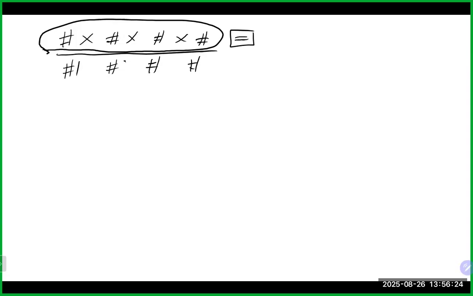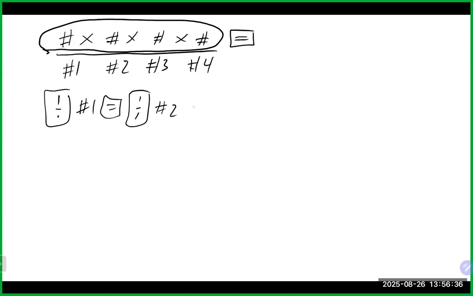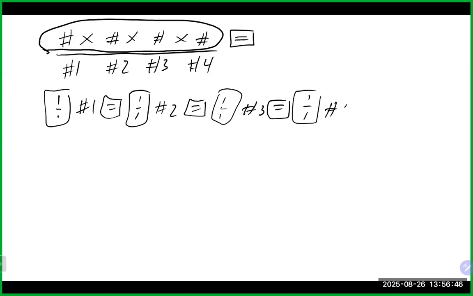Call it number 1, number 2 on the bottom, number 3, number 4 on the bottom. What you then should do is hit the divide button and then divide by number 1 and then hit equals. Then hit the divide button and divide by number 2 and hit equals. And hit the divide button and divide by number 3 there and hit equals. And one last one there, divide button and number 4 and hit equals. And you will always get the right answer.